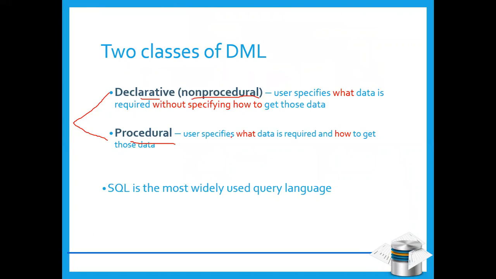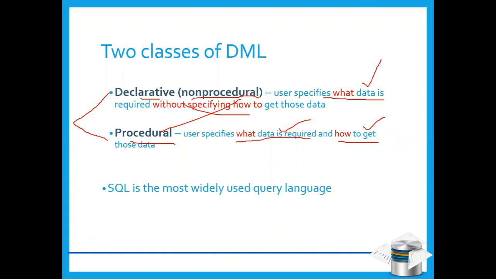Now, procedural DML means you specify what data is required and you even specify how to get it. You write an exact procedure or a function for it. In non-procedural or declarative, you specify what is required, but you do not tell how to do it.